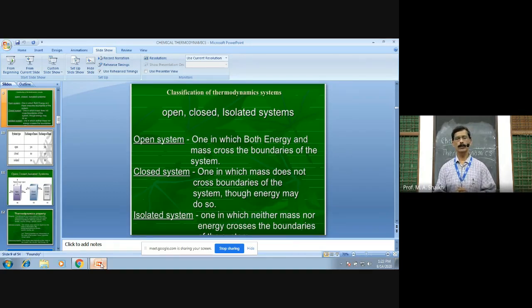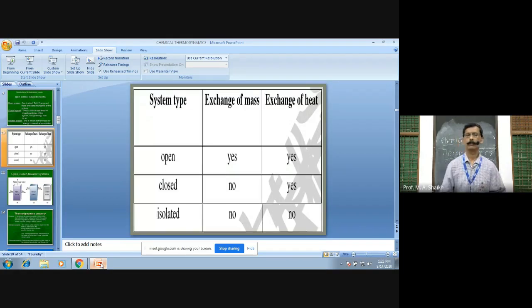What about the isolated system? One in which neither mass nor energy crosses the boundaries. Same thing is given, but in different words. So when you are studying like this, your concept will be more clear. Okay, now see the next slide.